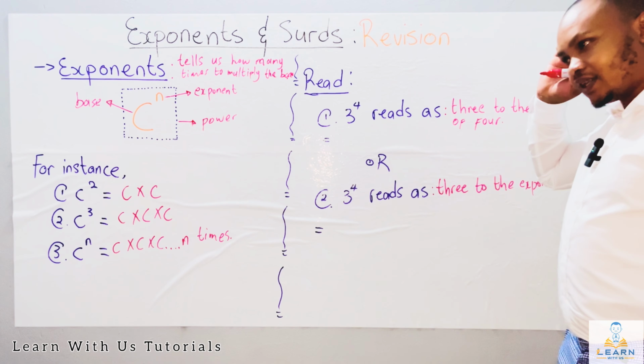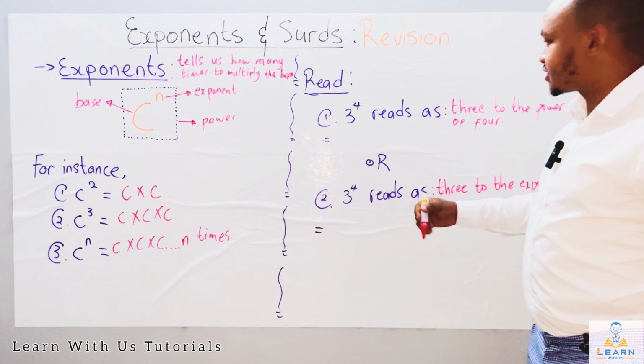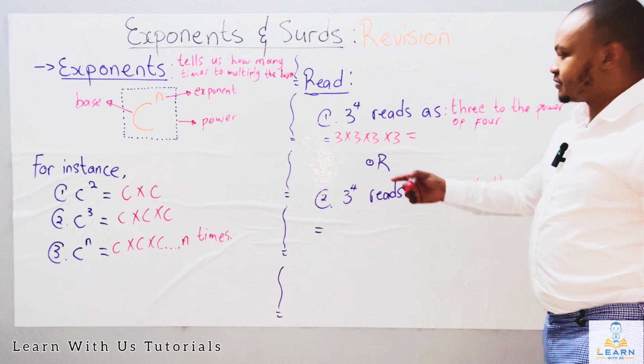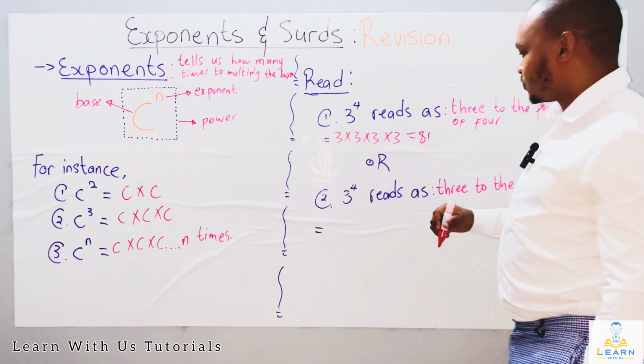Let us now break this down. 3 to the power 4 would be 3 multiplied by 3 multiplied by 3 multiplied by 3, 4 times: 1, 2, 3, 4. The answer here would be 3 multiplied by 3 is 9, multiplied by 3 is 27, multiplied by 3 gives 81.